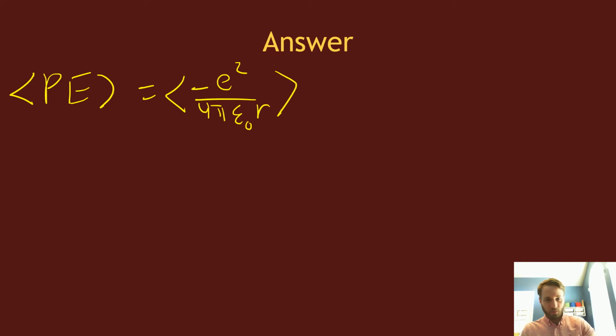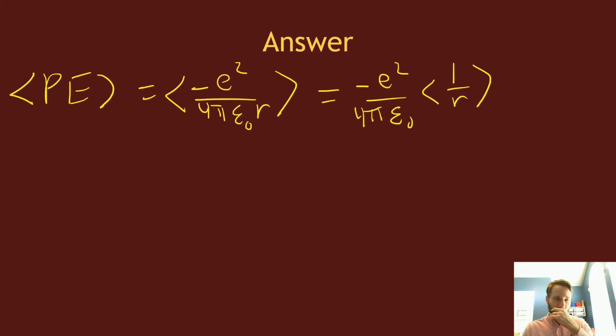A lot of those things are just constants, so this is just minus e squared over 4 pi epsilon naught times the average value of 1 over r. And so that's what we're trying to solve. We're trying to solve for the average value of 1 over r, to get the average potential energy.